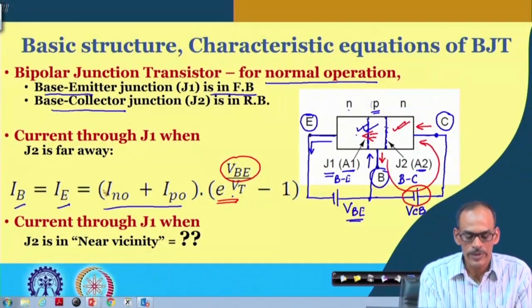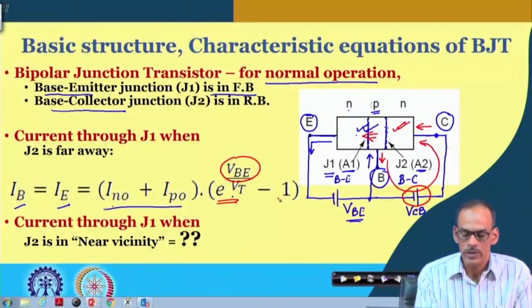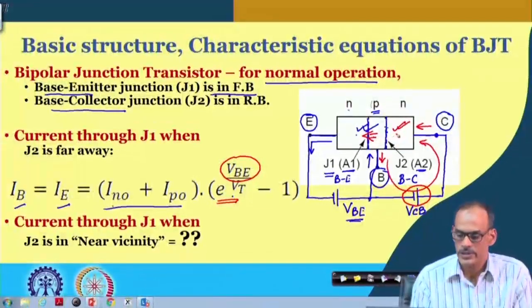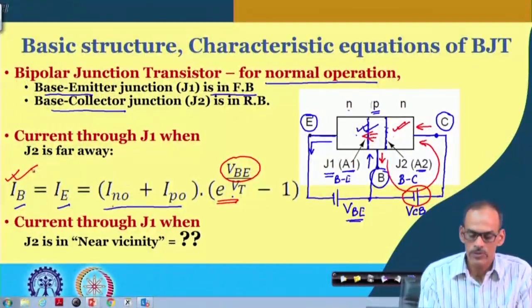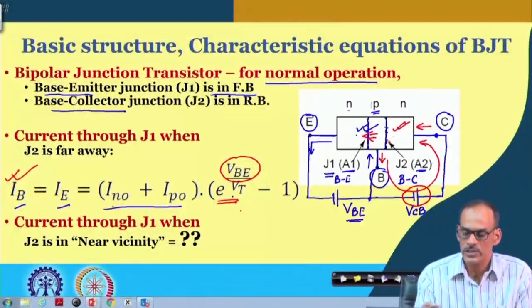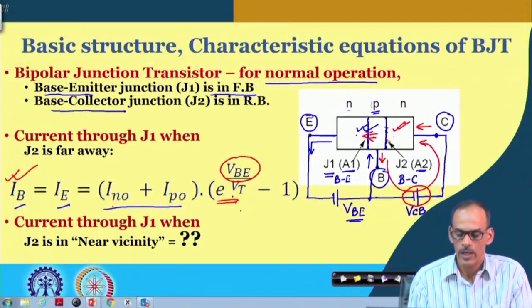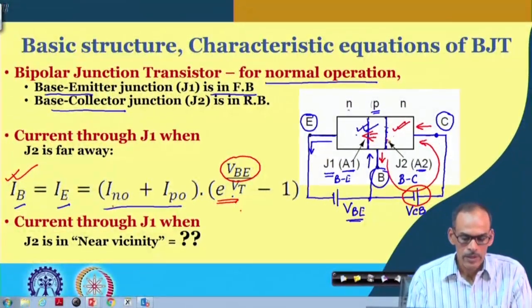So, the current will be the reverse saturation current multiplied by minus 1, and the polarity of course is reversed, namely the current is not really through P to N region, it is rather into the P region. So, this diode equation which we are already aware of may be valid only if these two junctions are apart from each other.